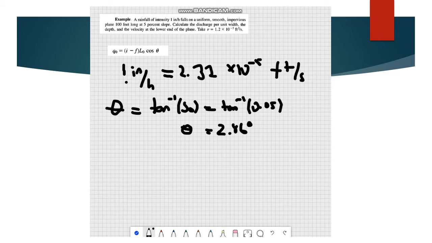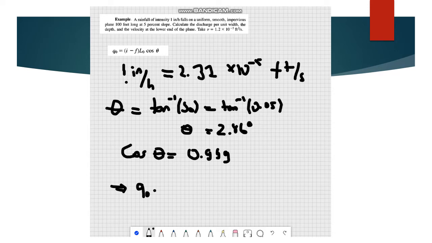So we just need to plug cosine theta in here. Cosine of 2.86 degrees is 0.999. So everything is ready and we can calculate it.